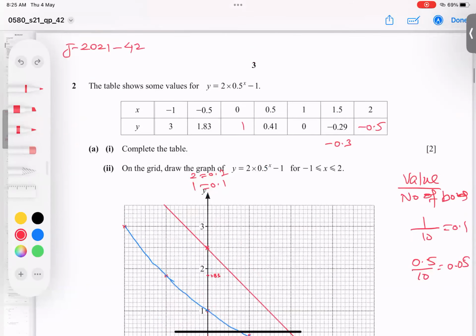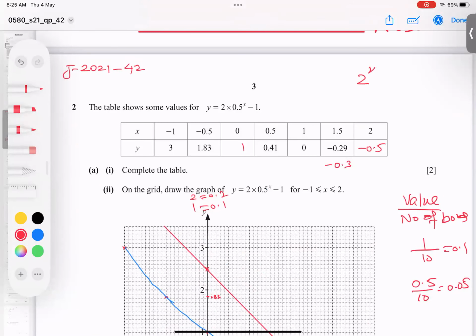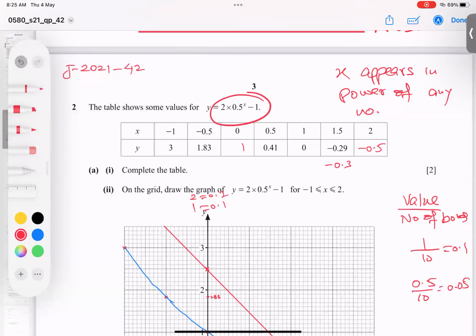Make sure whenever 2 to the power x or 3 to the power x comes, in short, x appears in the power of any number, then we always get this kind of curve, which I showed you.